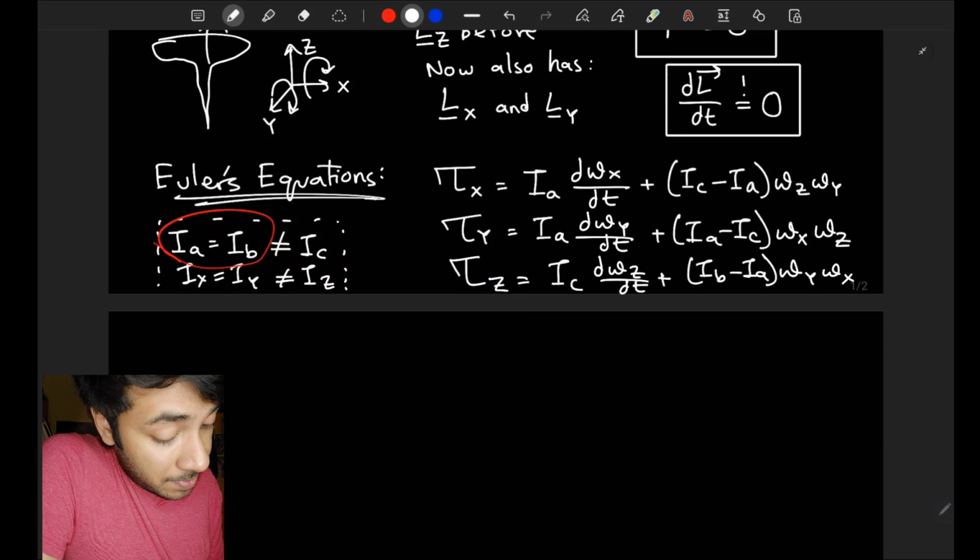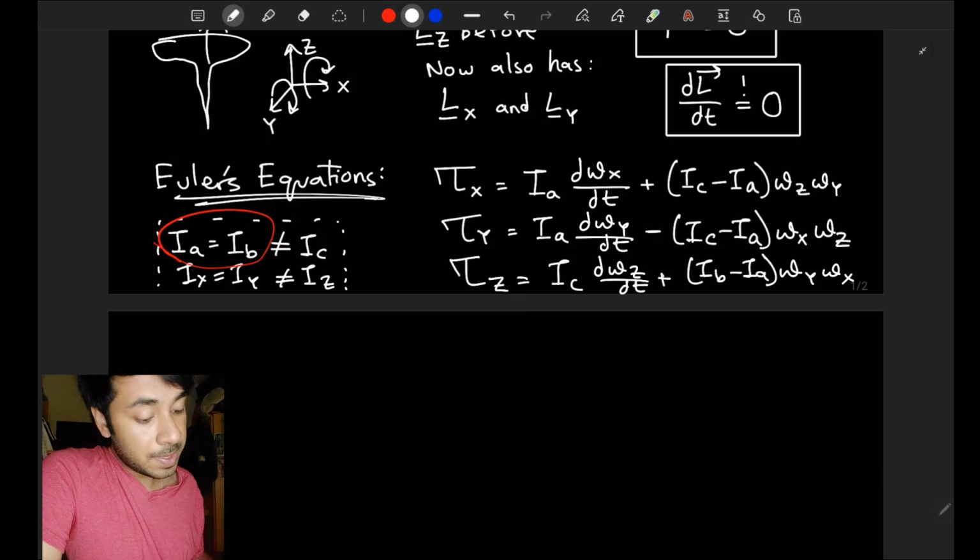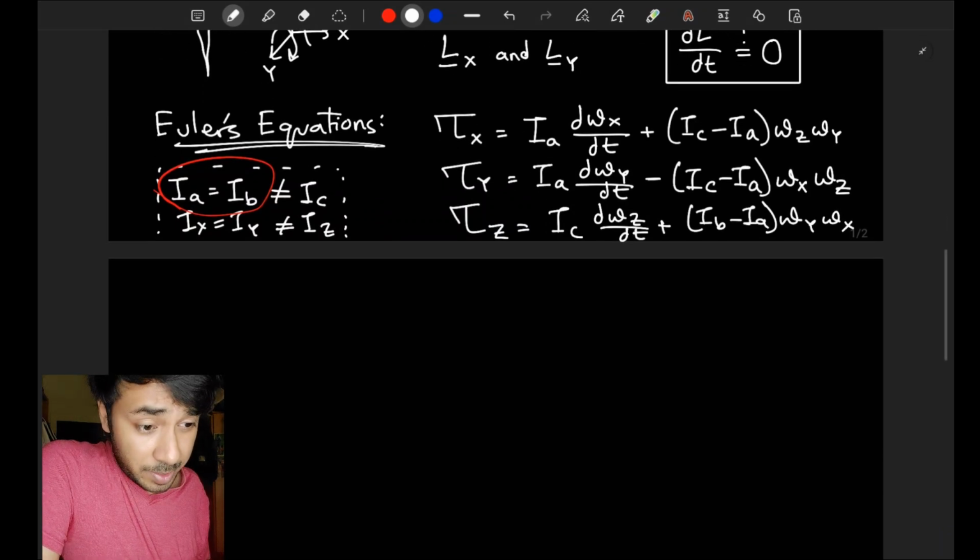But what we can also do here is turn these around, and then it will be IC minus IA with a minus outside. So we bring the minus outside, and this is how the equations now look. Why I made those changes will be clear in a bit.